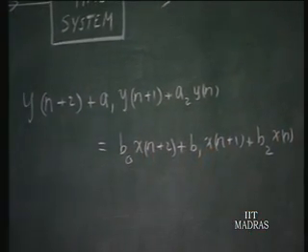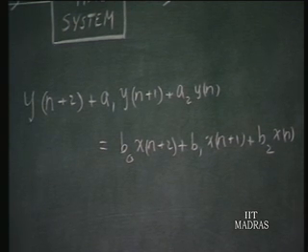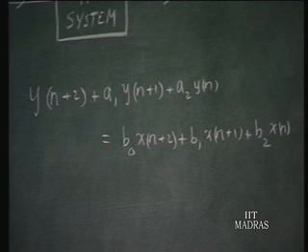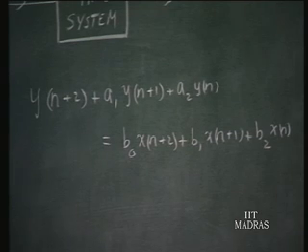So the input sequence of values x[n] are related to the output sequence in this fashion. This is something like your differential equation, except that we don't have derivatives here, but instead the argument is stepped up by 1 unit.